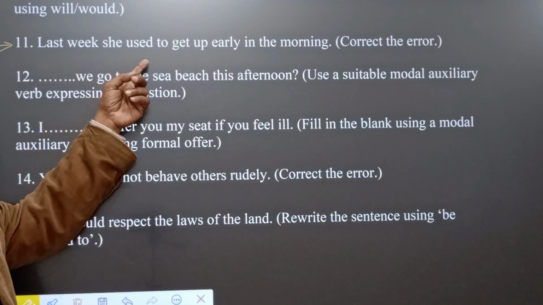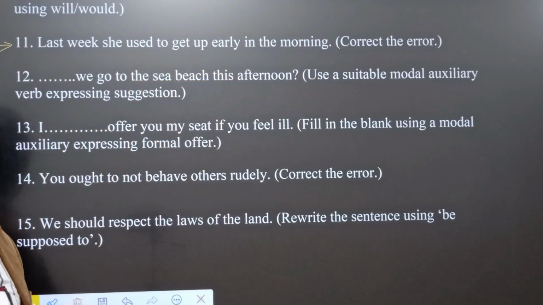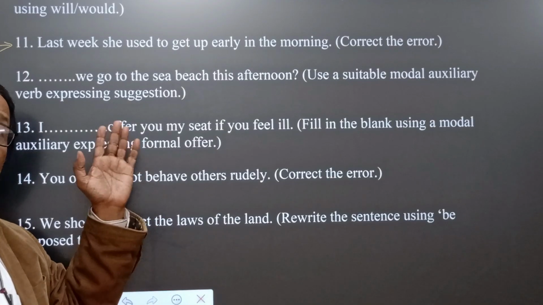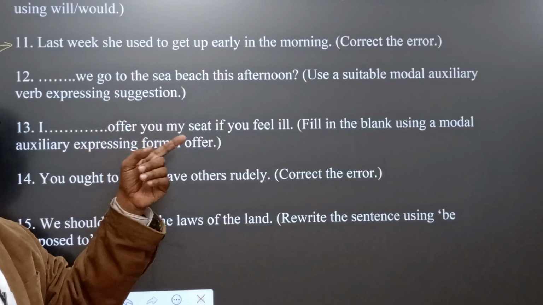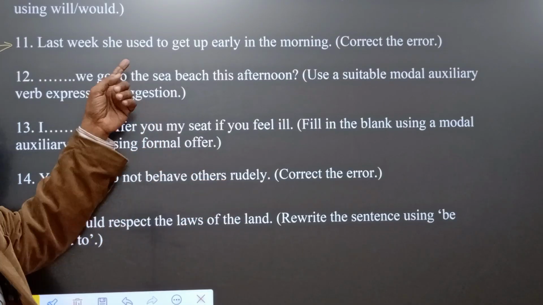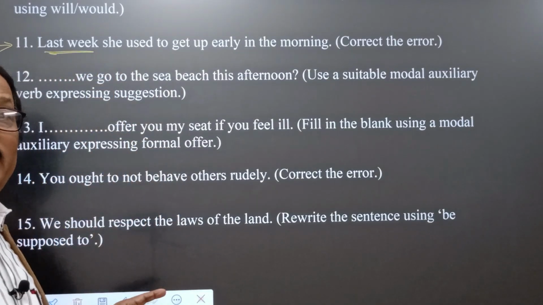Question number 11. Last week she used to get up early in the morning. Remember, used to is a modal auxiliary verb which is used to express a past continuous habitual action. It is not used for recent past, as last week is the action of recent past.